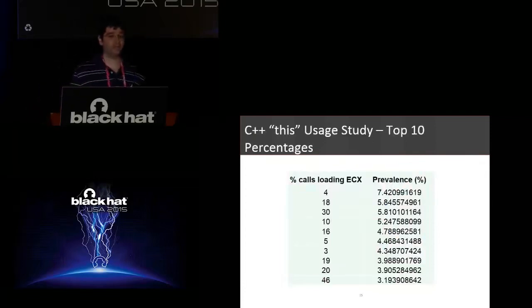Regarding the object orientation heuristics, the one looking for the load of ECX before calls, we got the prevalence here. So the more prevalent was 4 and then 18. For 4, the important number here is the 30. So what did it mean? All the malware with 30% of the calls loading ECX were actually Visual C++ samples.